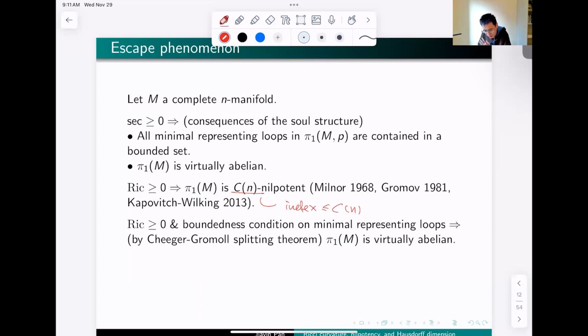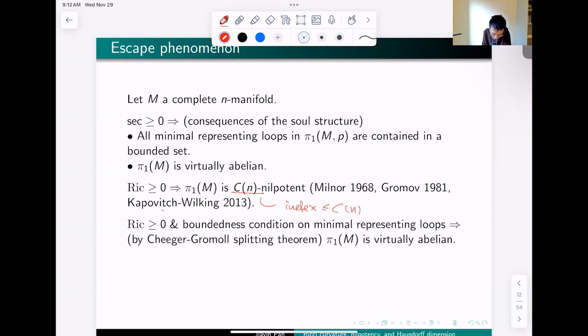Then Gromov showed that if you have a finitely generated group with polynomial growth, then it must be virtually nilpotent. So in particular, one can say that any finitely generated subgroup of the fundamental group is virtually nilpotent. Then Kapovitch-Wilking finally showed that you have this index bound C(n) that only depends on your dimension. And now, we have seen in Guofang's example that in general, you do have torsion-free nilpotent fundamental group. So it cannot be further improved to, say, virtually abelian.